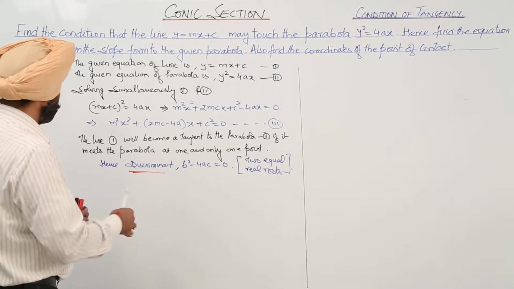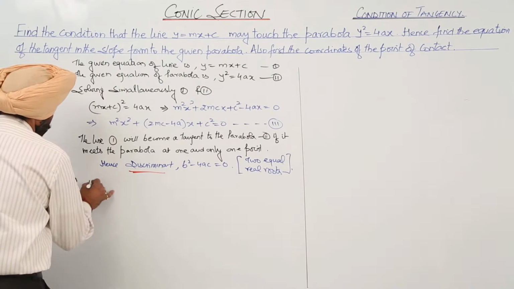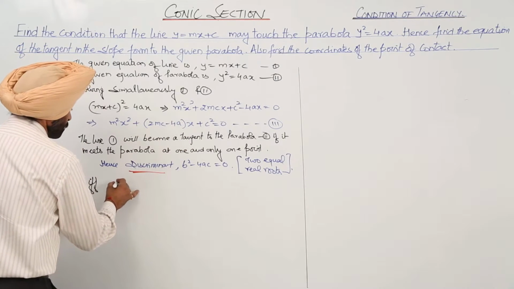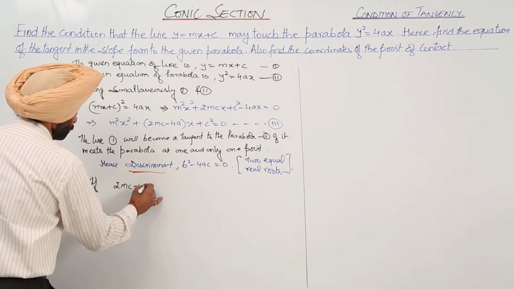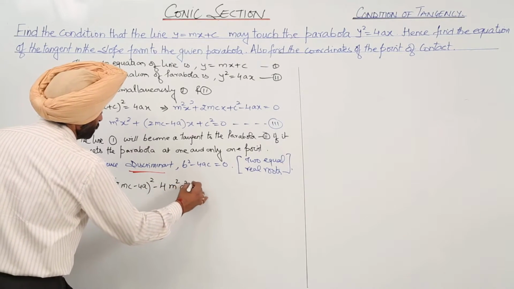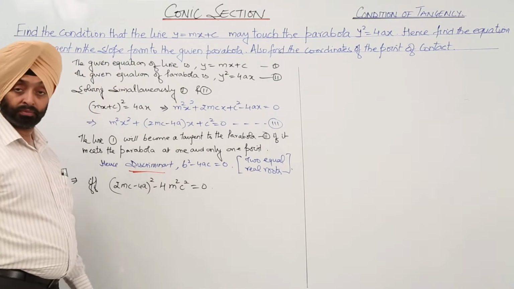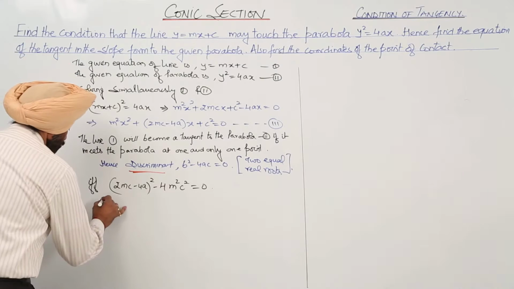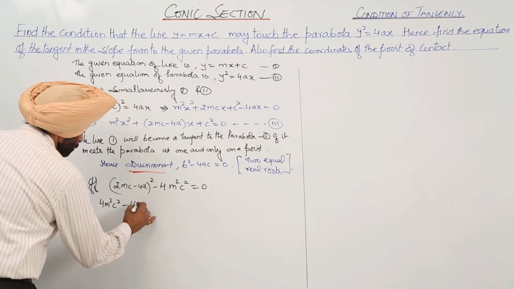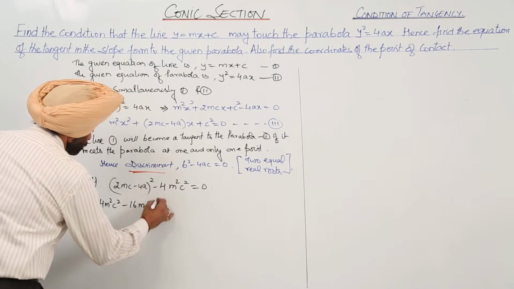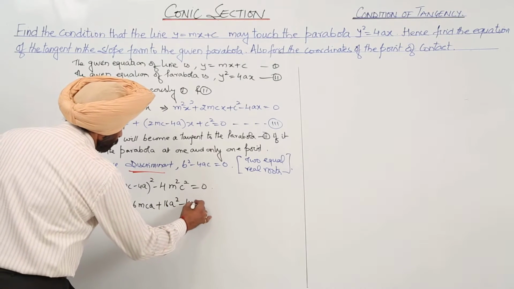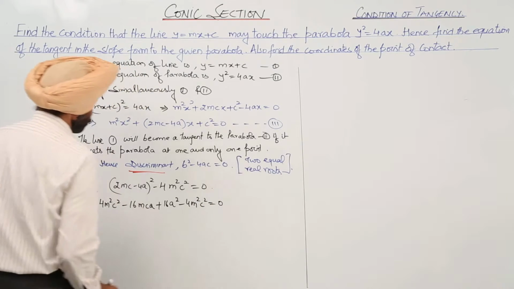Now b square minus 4ac: b square is (2mc minus 4a) whole square, minus 4 times m square times c square is equal to 0. Is it clear? Now this becomes 4m square c square, negative of 16mca, positive of 16a square, negative of 4m square c square is equal to 0.